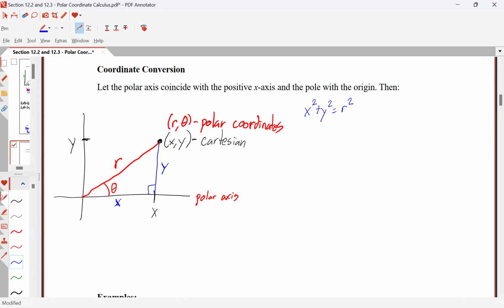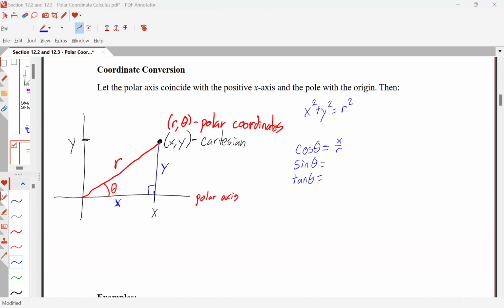Since we have a triangle, we also have a bunch of trig identities of sine, cosine and tangent. If we're looking at this right triangle, cosine is adjacent over hypotenuse, x over r.